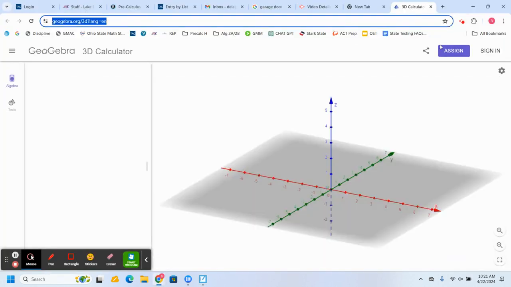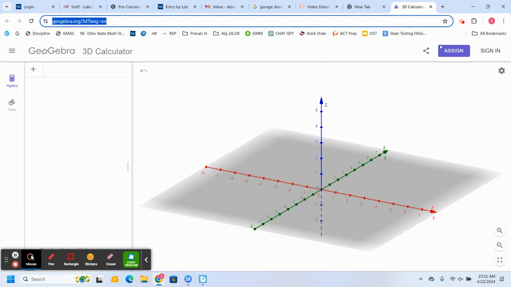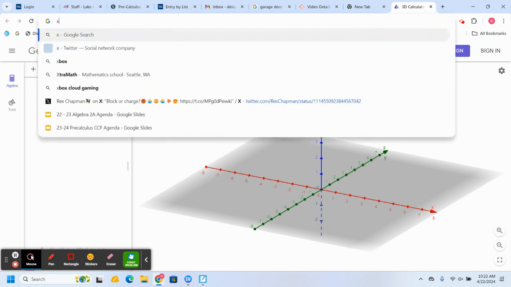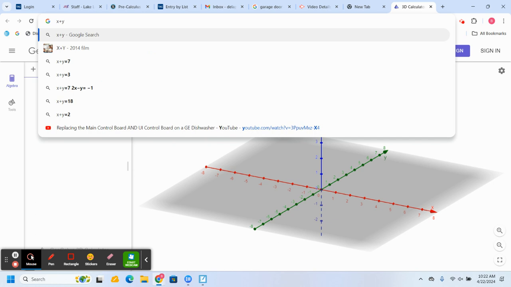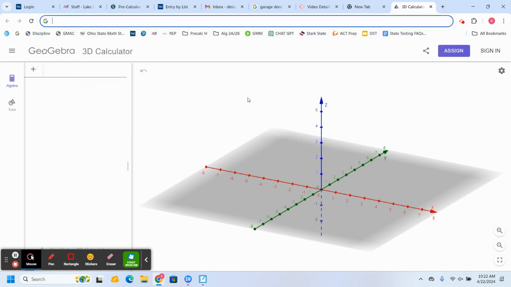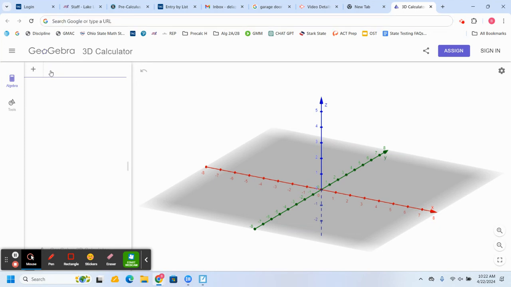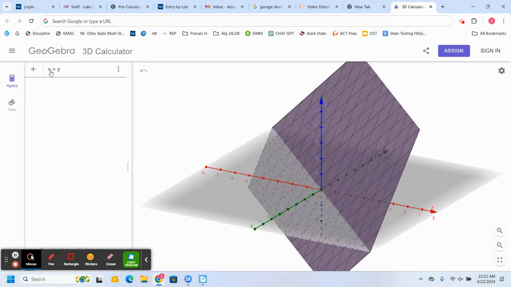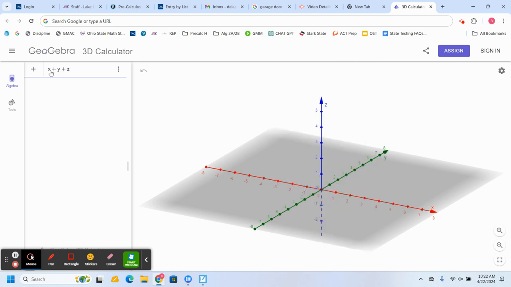Got my little 3D calculator here. Everybody should carry one. And I'm going to graph that equation. What was it? X plus y plus z equals 4. Right there.